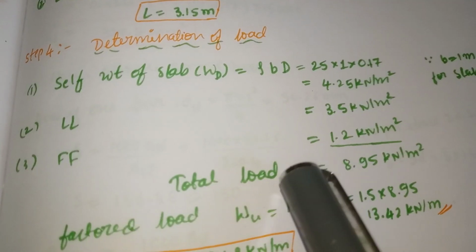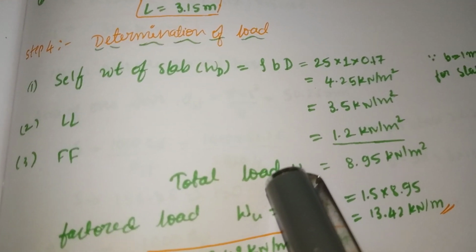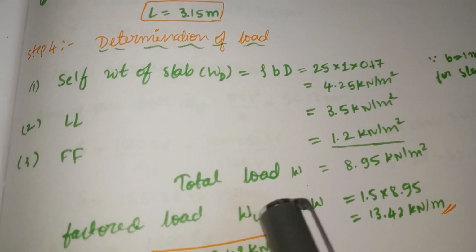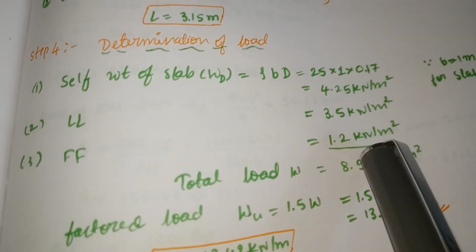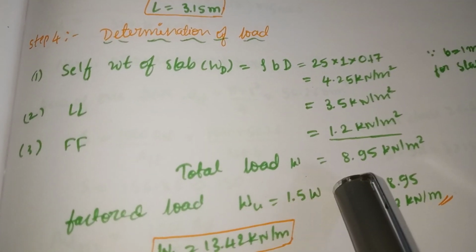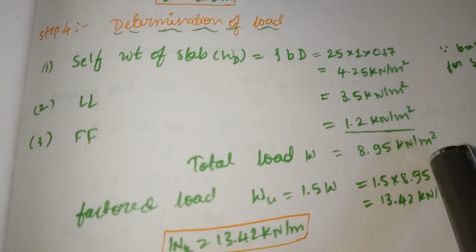In some problems they do not give the floor finishing; if they are not given, we need to assume. So I add them to find the total load. After adding we get our total load value as 8.95 kilonewton per meter square.